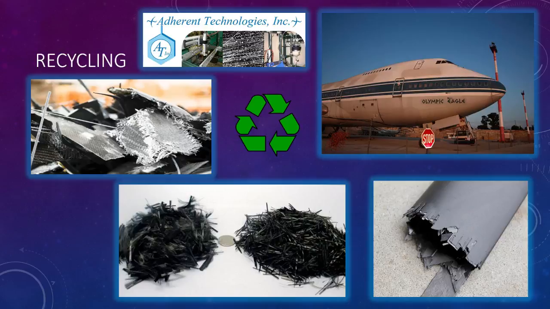So what about recycling? Recycling typically involves four basic steps: collection, identification and separation, reclamation, and remarketing. Recycling is practical only if the value of the reclaimed raw material exceeds the cost of the recycling process.